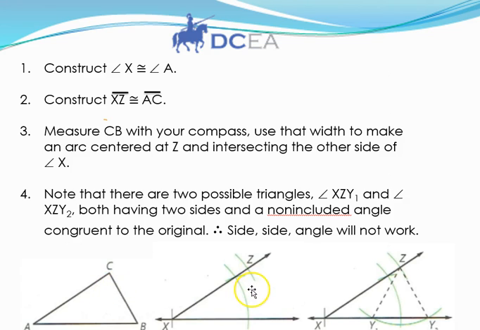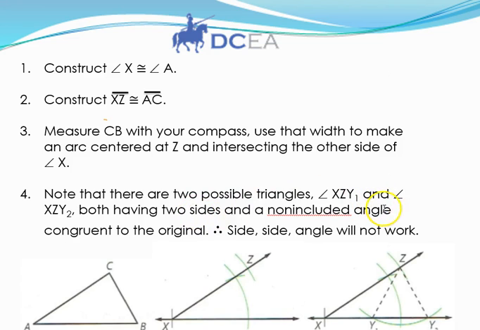One thing that will happen with this construction is when you're drawing the third side of the triangle, you have two options to draw that will be the same length. So if you measure BC and you put your compass point at Z and you swing an arc, you actually have 2 points that intersect line X. You have point Y1 and point Y2.